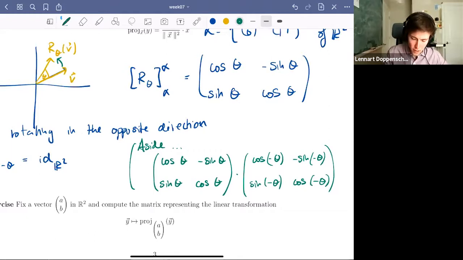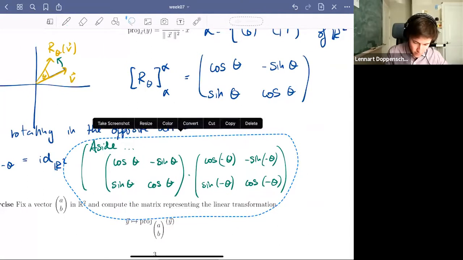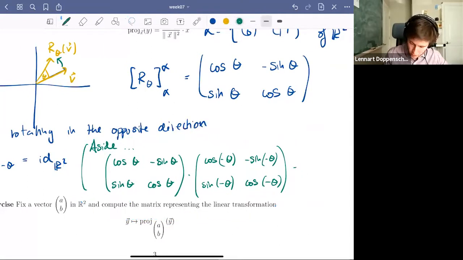But what is the matrix of the identity transformation? That would be just 1, 1 with zeros on the off diagonal.